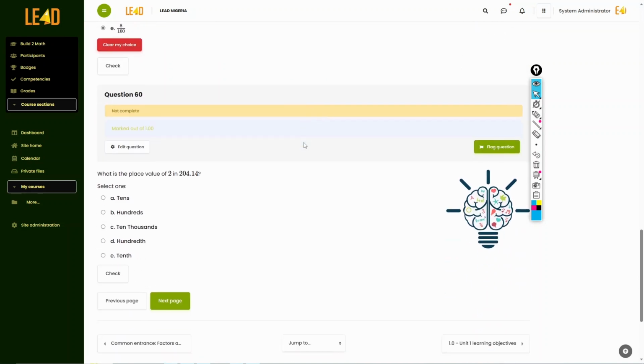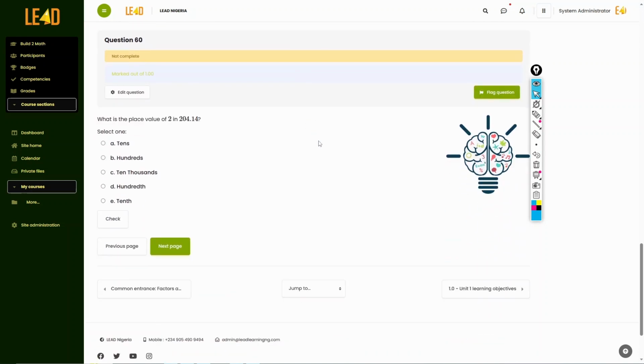All right, question 60. What's the place value of 2 in 204.14? All right, so if you read out the whole number sections, we have units, tens, and then this is hundreds.